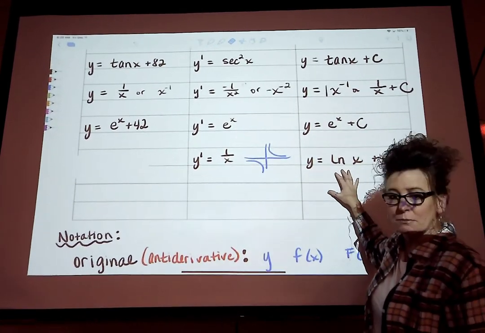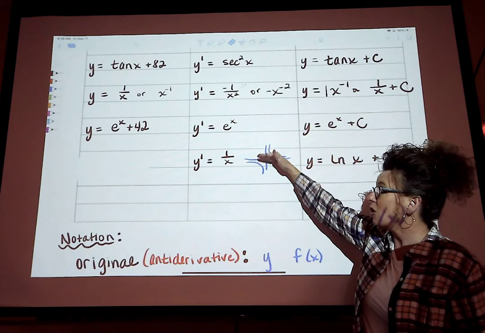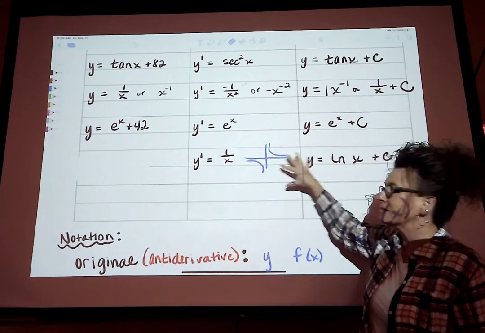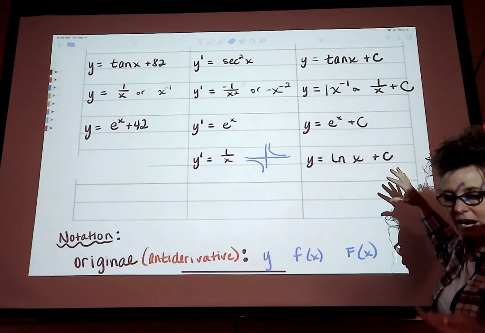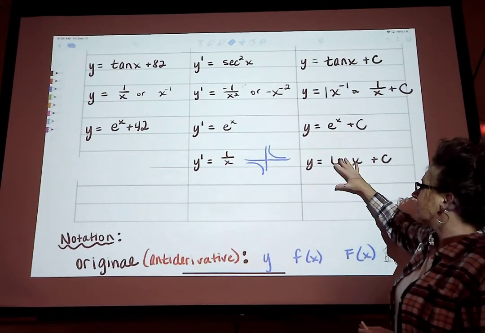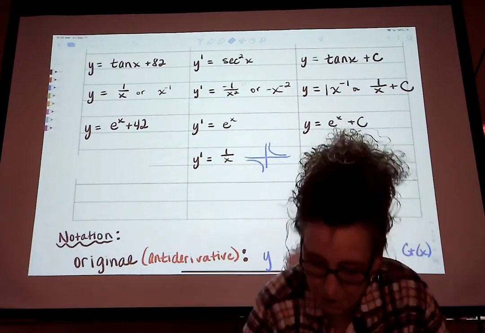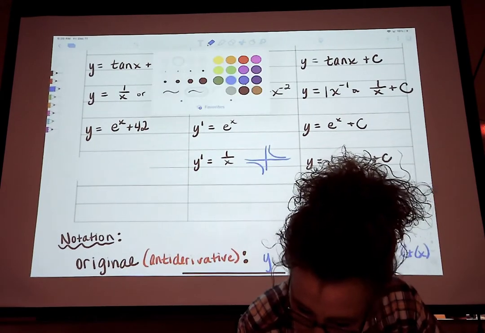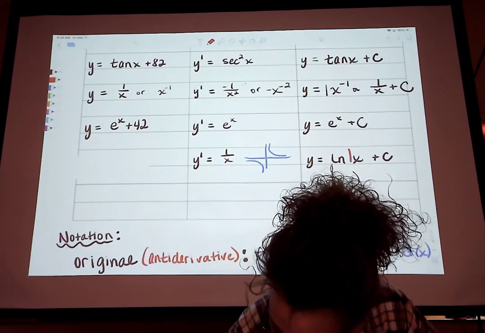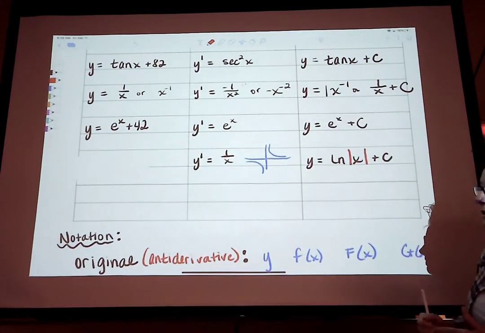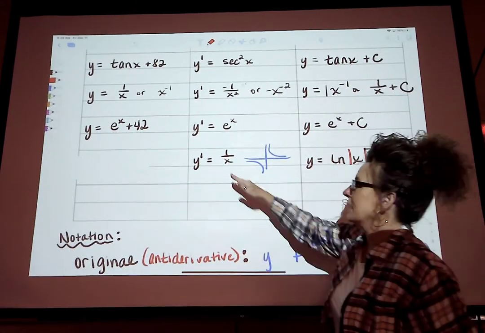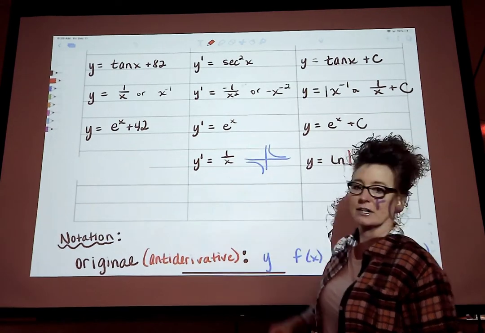Well, shoot, what am I going to do? Because I just carried all these negative x's over from my domain. How am I going to fix that? That's why you have to put absolute values around the x when you're doing an antiderivative of 1 over x.